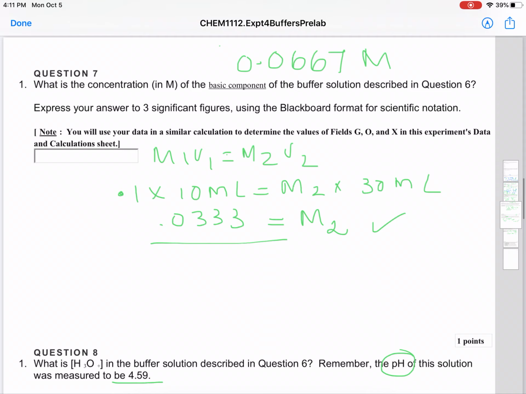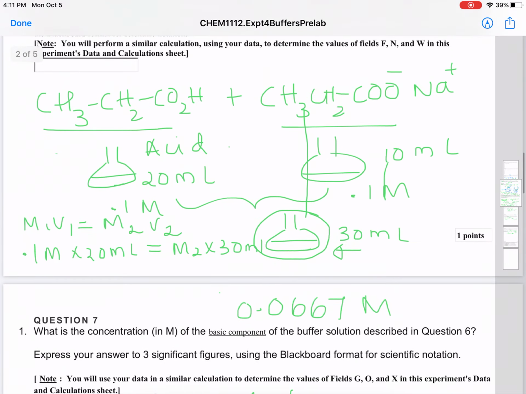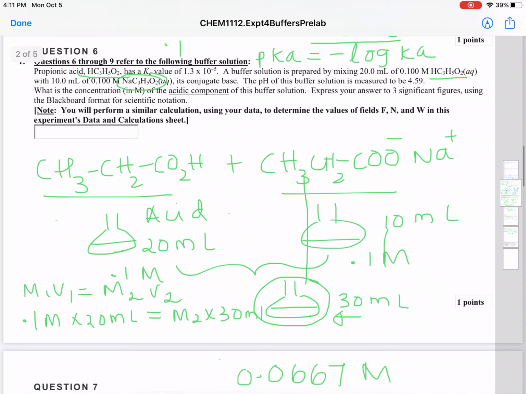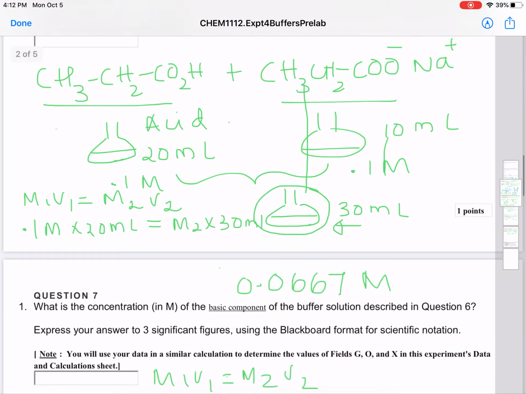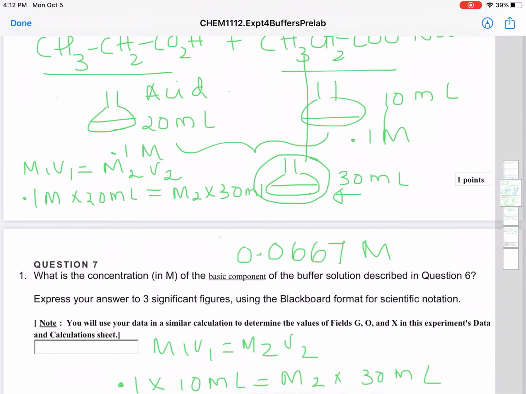So question number 7, what is the concentration of the basic component? The base concentration is 0.0333, and then the conjugate acid. From question 6, we calculated the concentration of the conjugate acid component, and we found 0.0667.